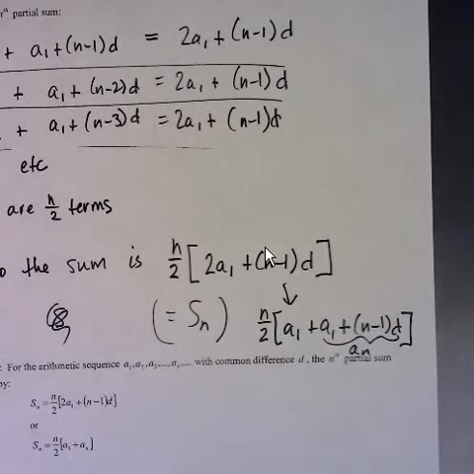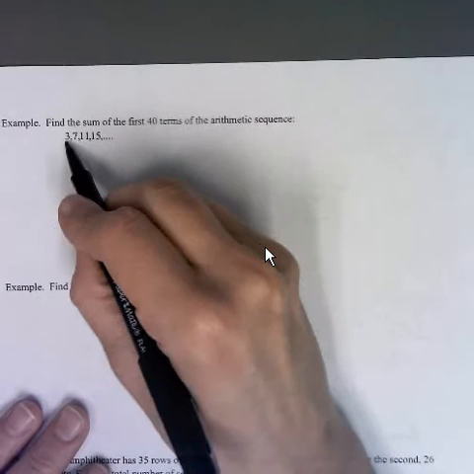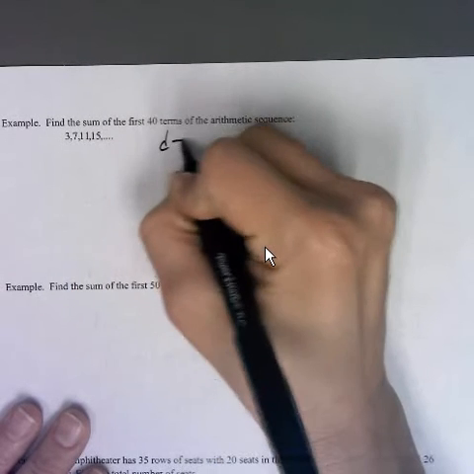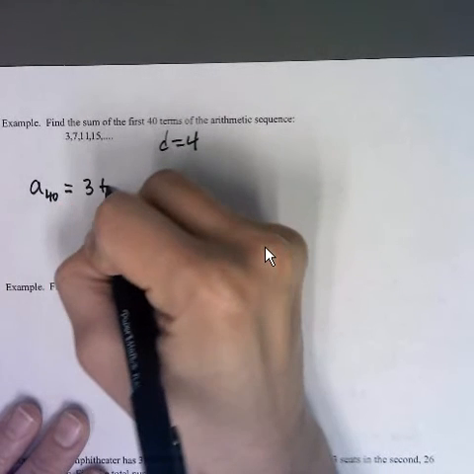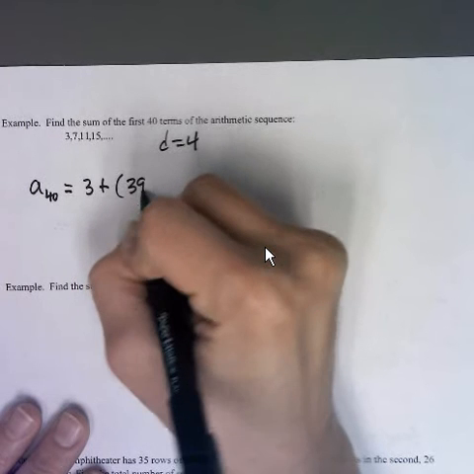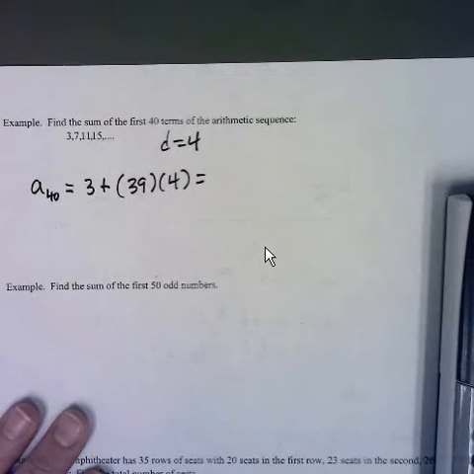Alright, so let's use the formula. In this first example, it says find the sum of the first 40 terms of the arithmetic sequence. So we know the first term, we need to know the last term, and then we can find the sum. To find the last term we need d. Notice that we keep adding 4. So d equals 4, and then a sub 40 will be 3 plus n minus 1, which is 39, times 4. 3 plus 39 times 4 is 159.